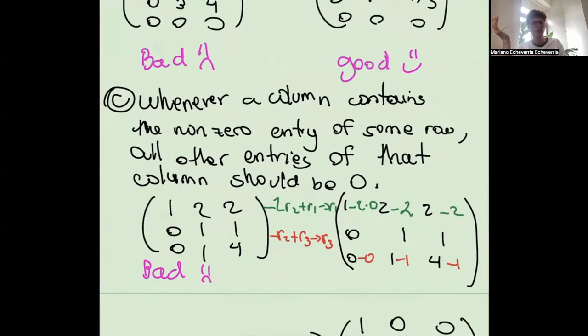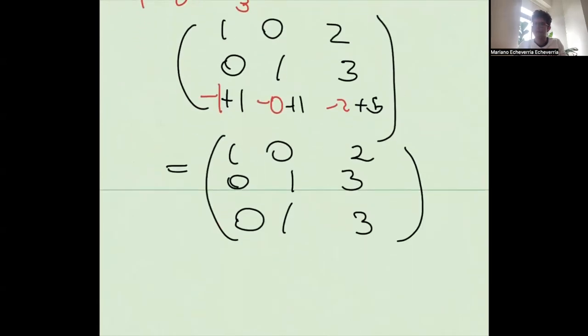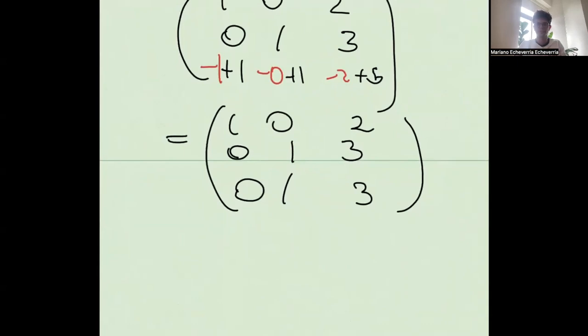It is true that many times the last row is the one that gets affected first. But this was an example where I also did the operation to the first row. Because here I wanted to see a 0 here, and to get a 0 here, you had to do minus 2 row 2 plus row 1. So it doesn't have to be necessarily the last row.